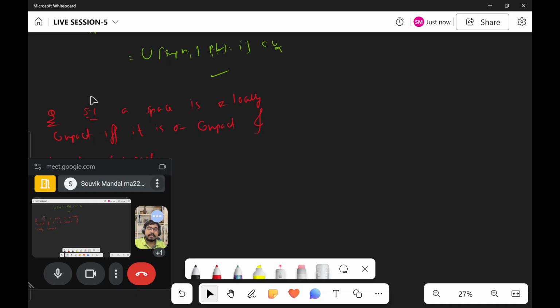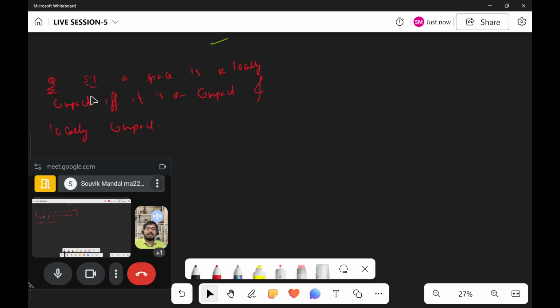So sigma locally compact is nothing new. Basically, it is a consequence of locally compact and sigma compact.